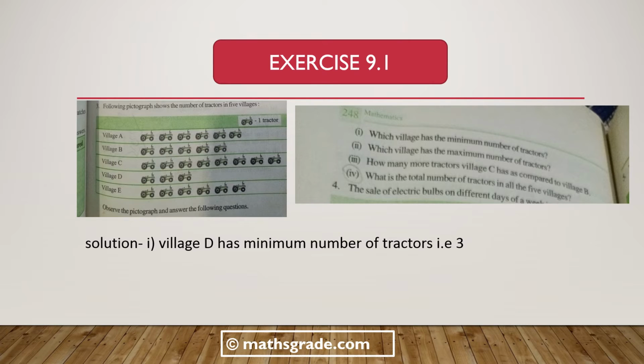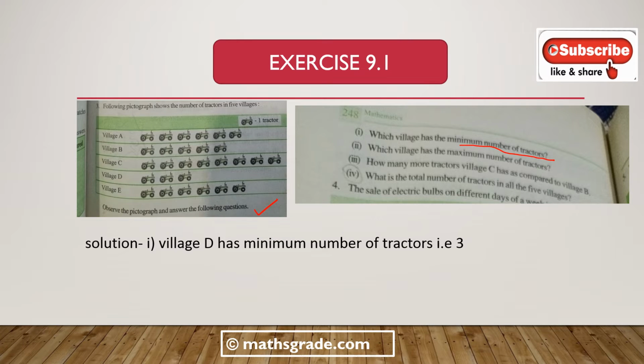Now we have to answer the questions based on this pictograph table. So observe the pictograph and answer the following questions. First question is, which village has the minimum number of tractors? We have to find out in which village the number of tractors is minimum.